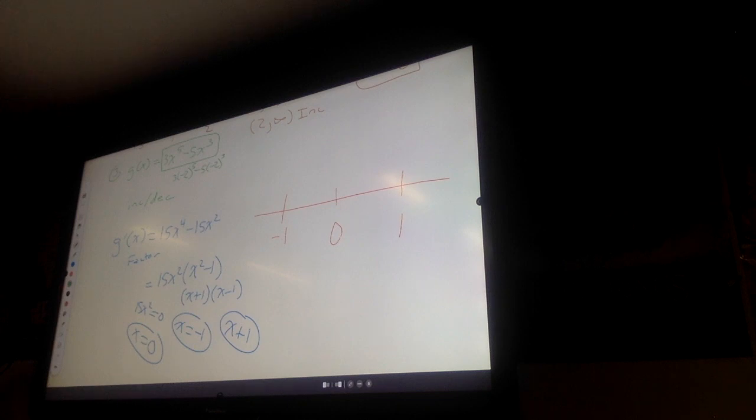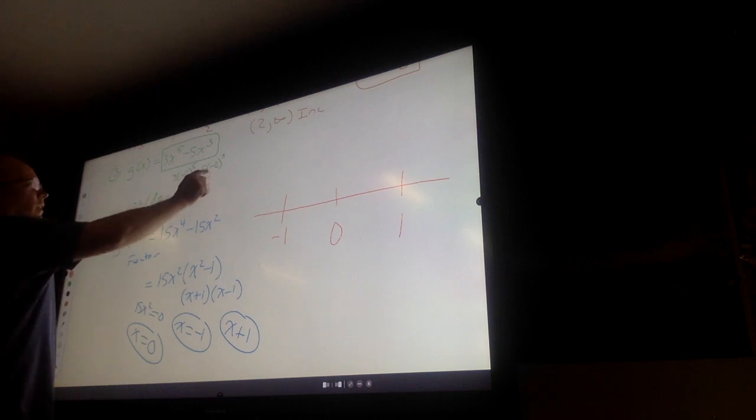Negative 2 to the 5th, I don't care what it is. Is it a positive or a negative answer? Negative 2 multiplied 5 times, five negatives in a row. Positive or negative? Negative. Now, this right here is going to give me a positive.